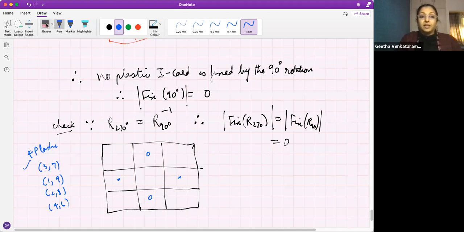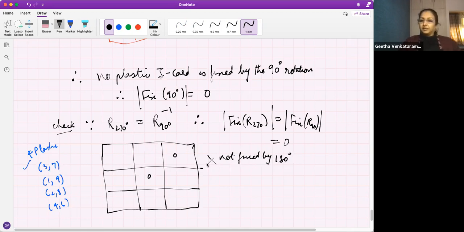But I have 36, right? So how do you know that these are the only ones fixed? What is the argument I can make which says that these are the only ones fixed? See, first of all, if the hole is in the center and one other hole is somewhere else, such a thing is not fixed by the 180-degree rotation, right?